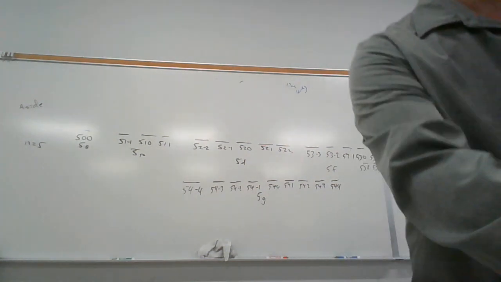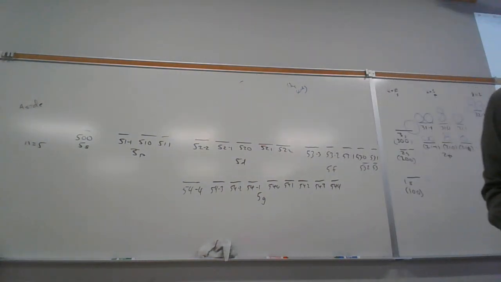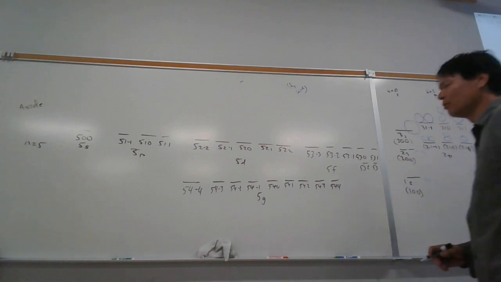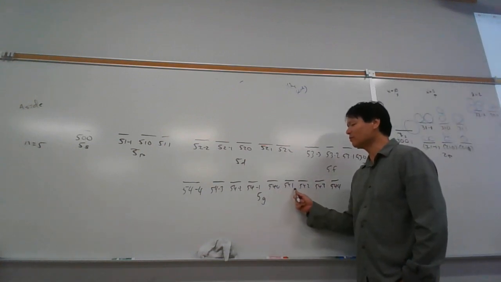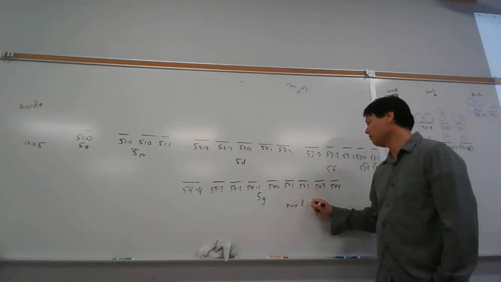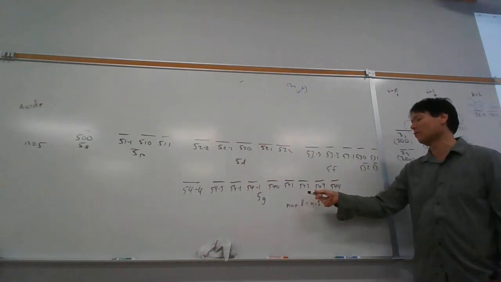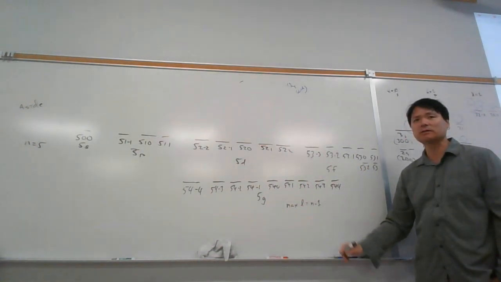That would violate the Schrodinger equation, and that would be called forbidden. 5, 5 is forbidden. And so the max L is n minus 1. But we can have all of them, 0, 1, 2, 3, 4, up to the max.